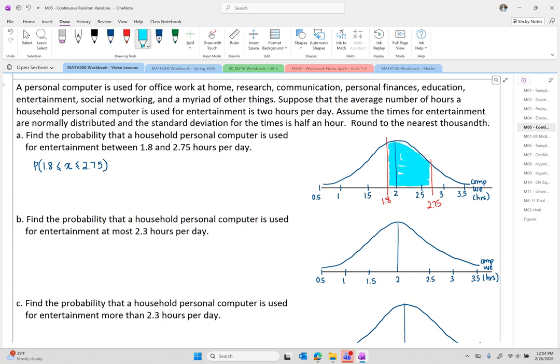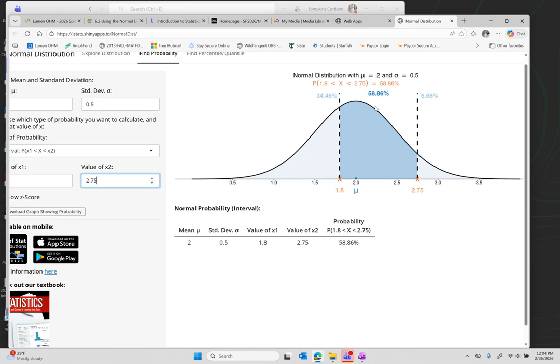And the app gives me the answer. They are asking me to round to the nearest thousandth. That means they don't want percentages. So I don't want to write 58.86%. I want to convert this percentage to a decimal. So it will be 0.5886.